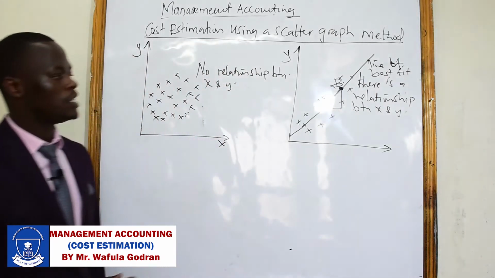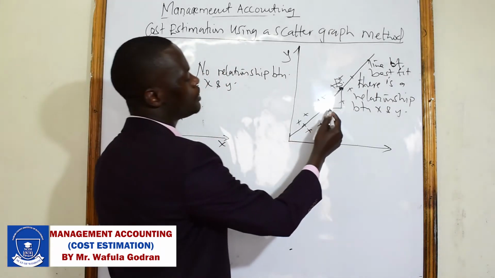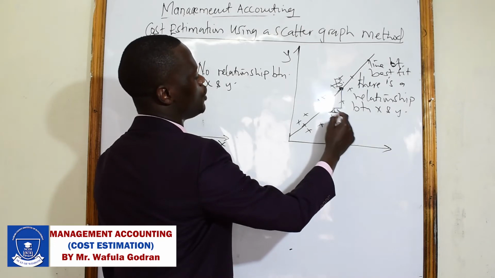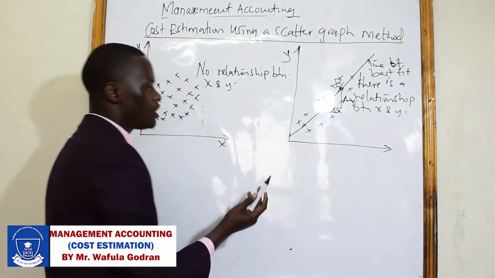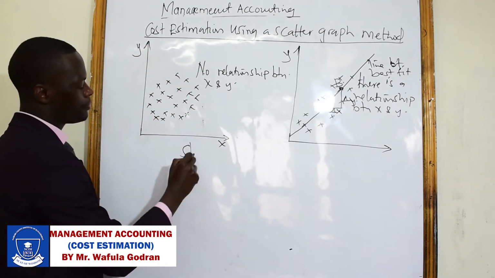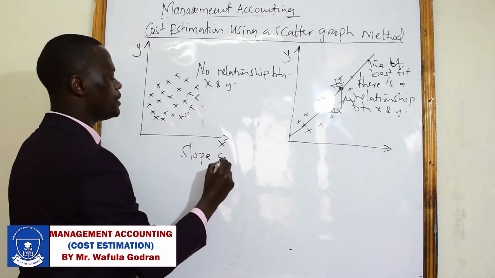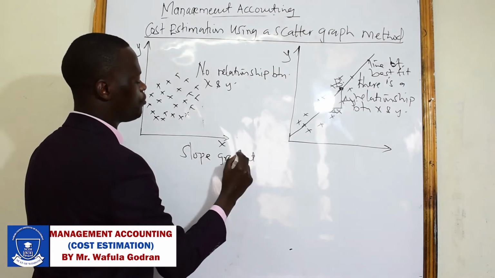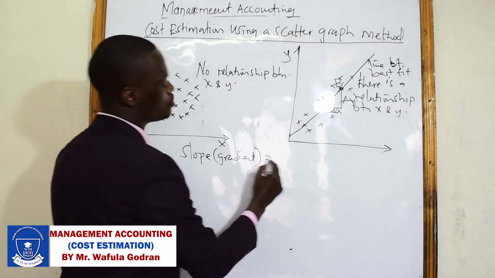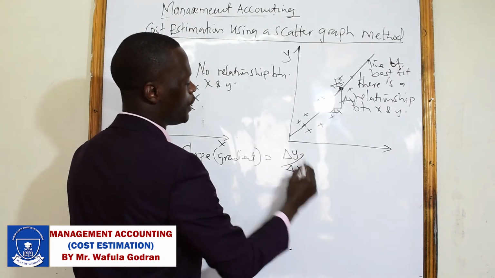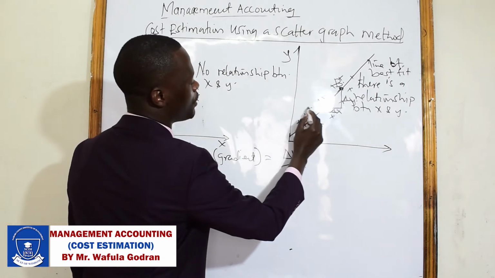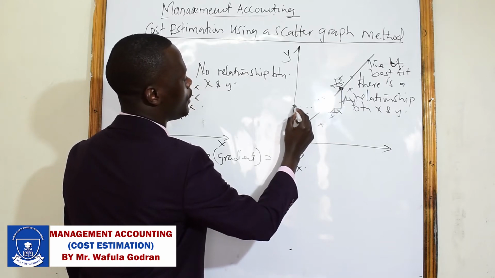On this slope, this will be the change in x, and this will be the change in y. So the slope or the gradient of that line of best fit is going to be change in y over change in x. We pick the values at y here.